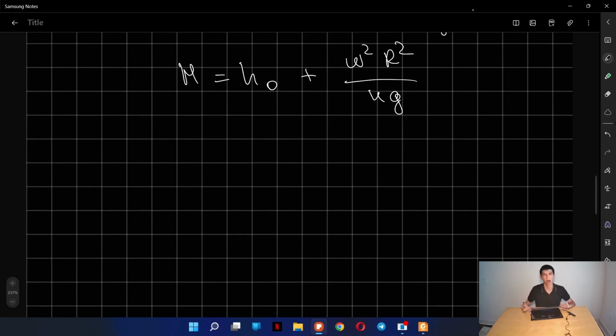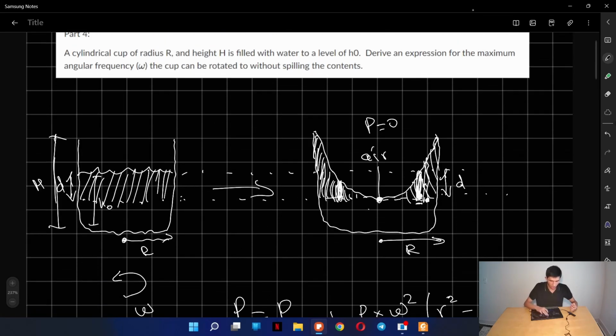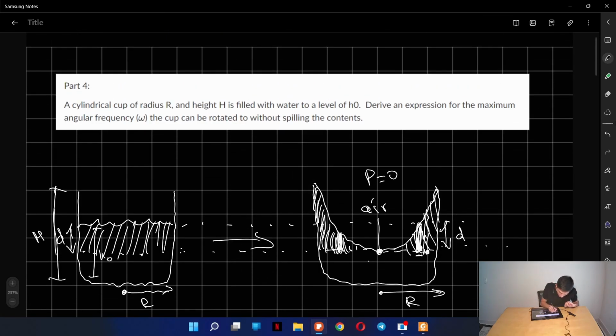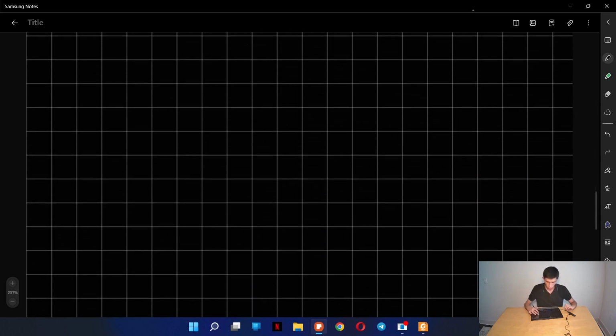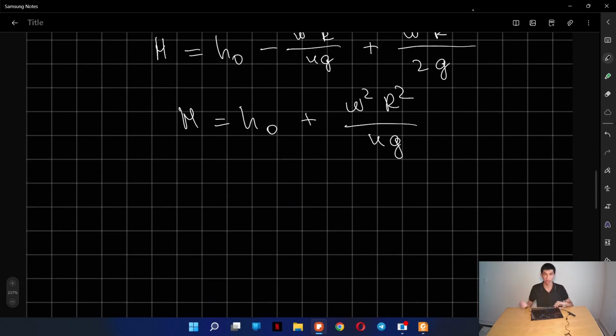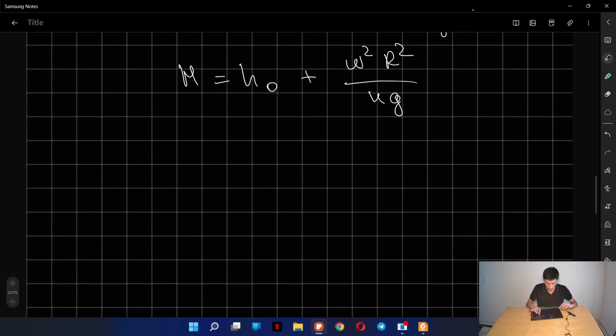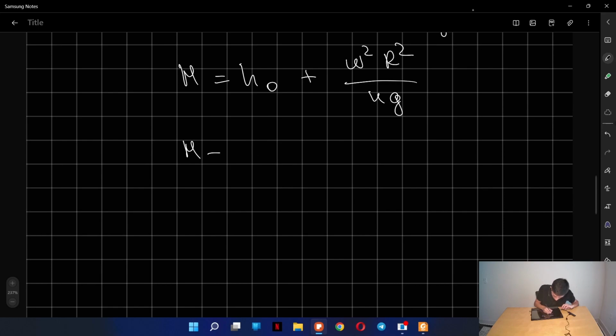And then we are solving for the angular frequency. In the question, we're asked to find the angular frequency at which the cup can be rotated. So we just have to make omega the subject of our equation. So it's going to be H minus H0 equals omega squared R squared over 4g.